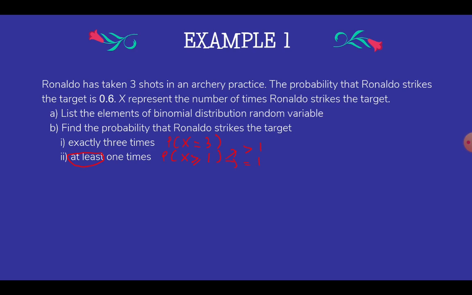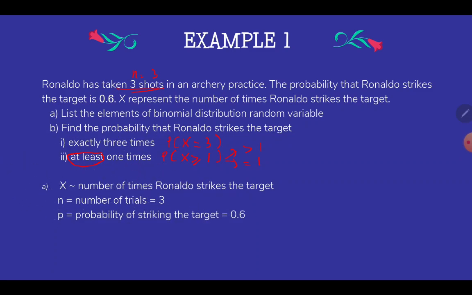Okay, so let's look at A. First of all, you need to define what X is. X represents the number of times Ronaldo strikes the target. And the number of trials: it states that he has taken 3 shots, so this is our n. Next, p, the probability of striking the target: it states that Ronaldo strikes the target 0.6.